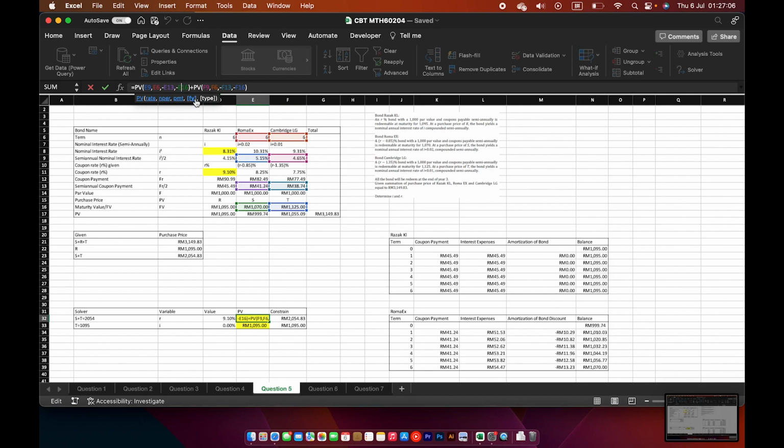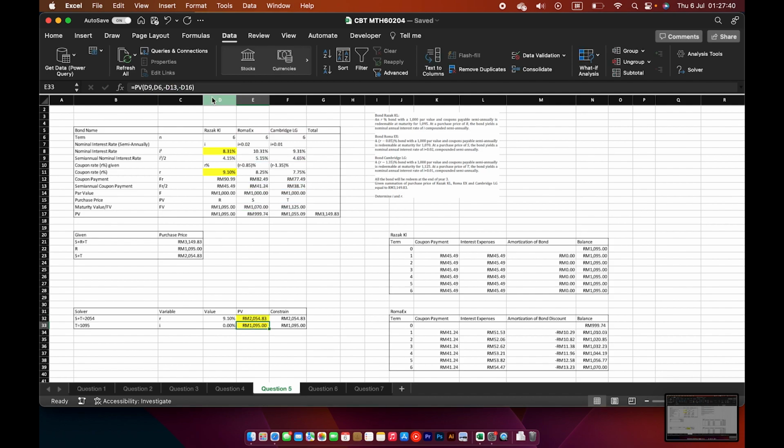For FV, because either FV or PV has to be negative, in order to get a positive value, we put a negative here. The rest of the equation is the same: the rate, payment period, payment, and the future value of Cambridge LG. The summation of the two should be this amount.